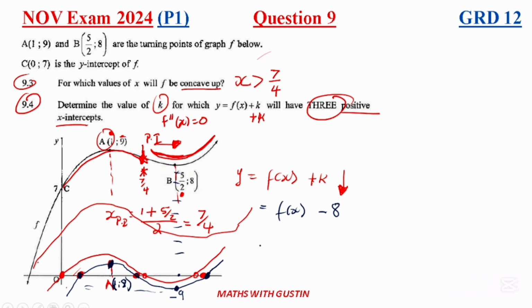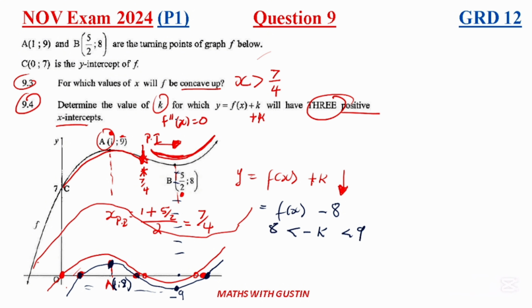All right, so now we have to put the values of k that will allow us to have 3 positive x-intercepts. Okay, so now in this case we're gonna come here and say -k has to be greater than 8, but less than 9, which is the distance.